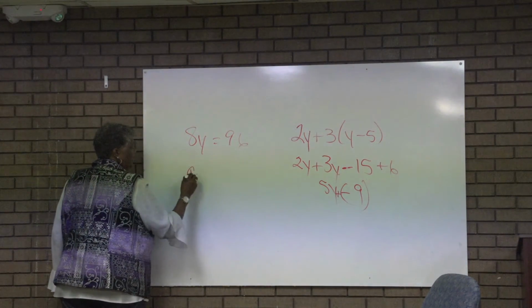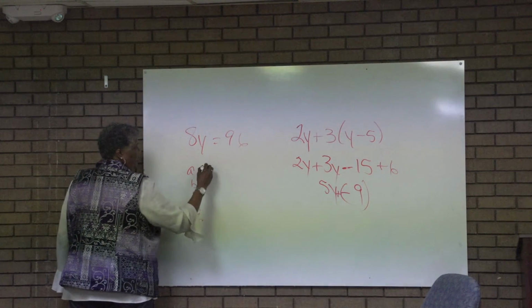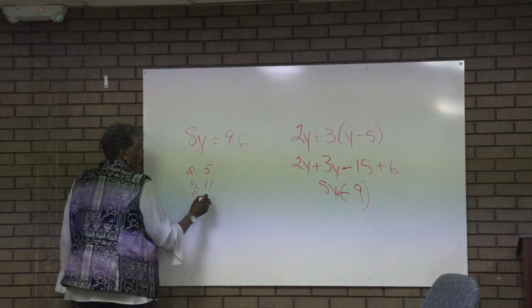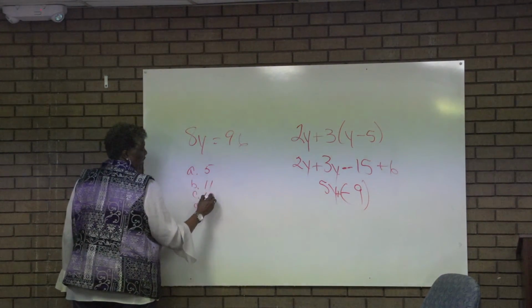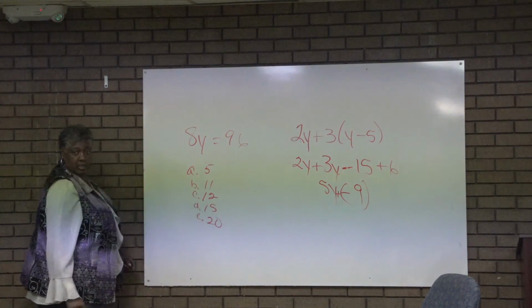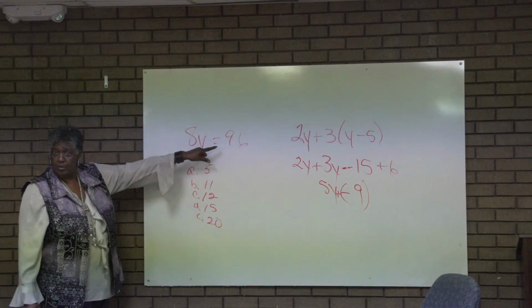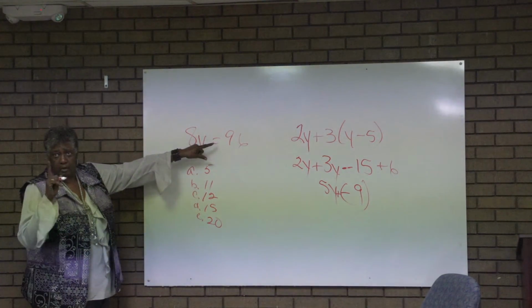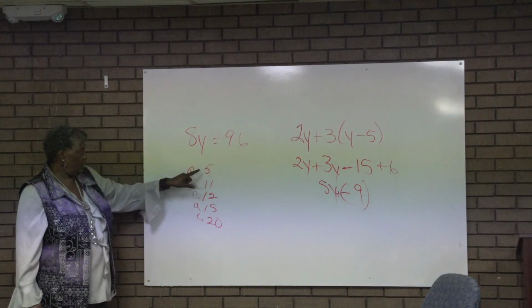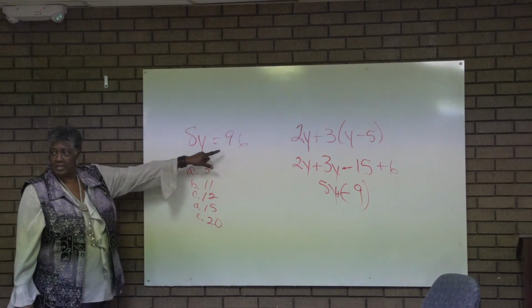If they gave you choices down there and said that y is 5, y is 11, y is 12, y is 15, y is 20, you could just take each one of these and put it in where y is and see if it's true. Because it's only going to be true for one number. If y is 5, then I'm saying 8 times 5 is 96.